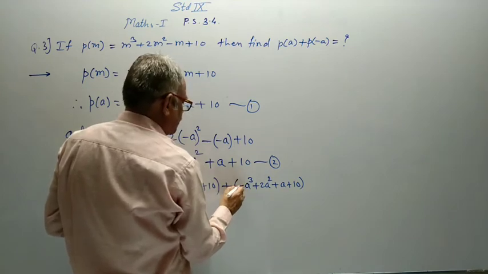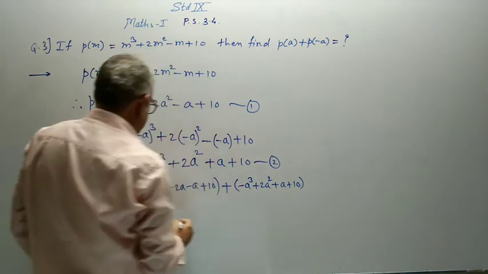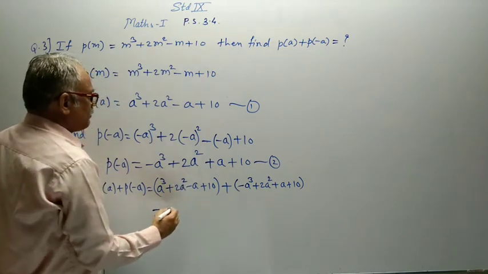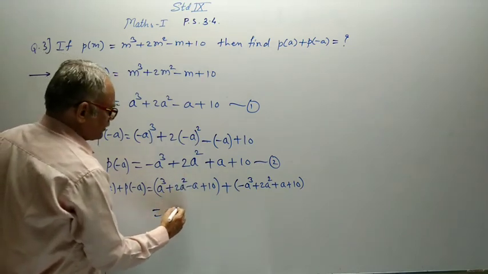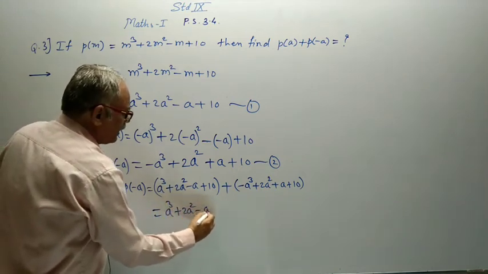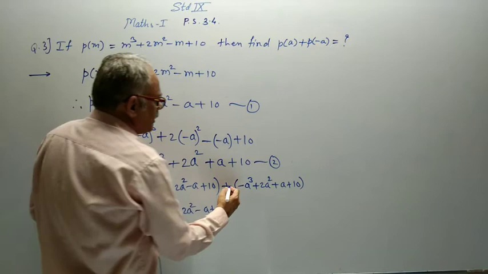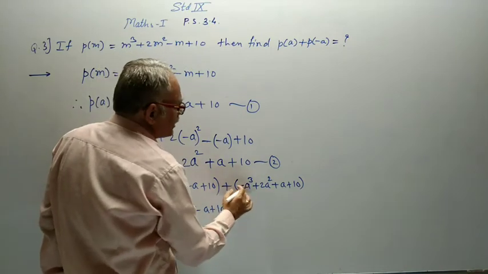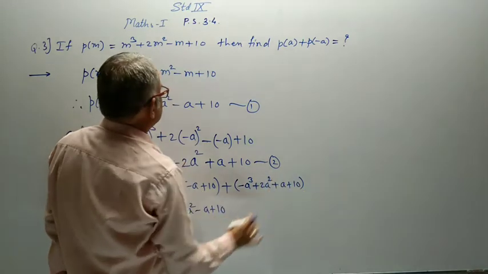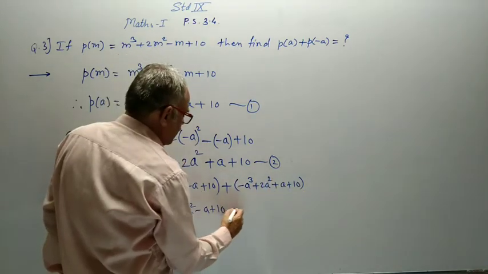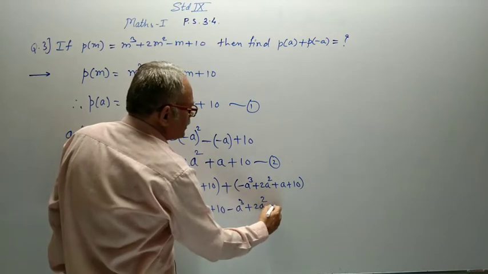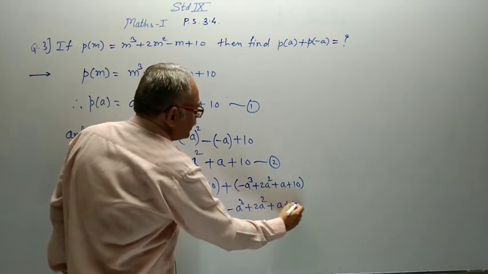Now write this plus inside. A cube plus 2a square minus a plus 10. Plus times minus, when taken inside, remains the same. Minus a cube remains minus a cube, other positive terms remain positive. So minus a cube plus 2a square plus a plus 10.